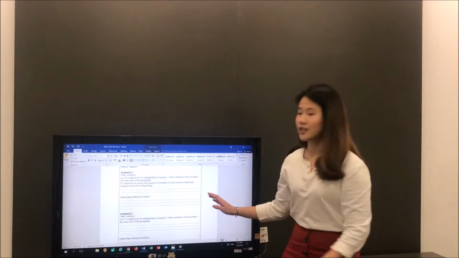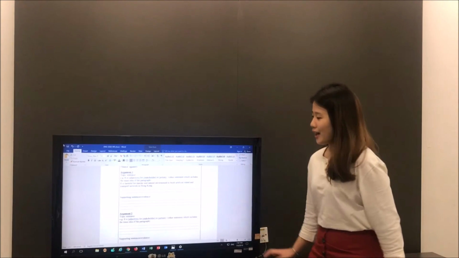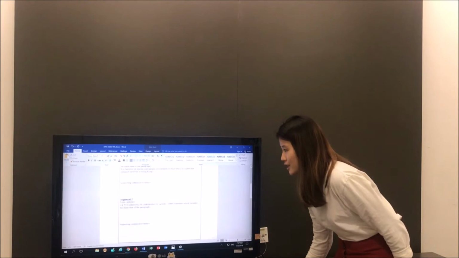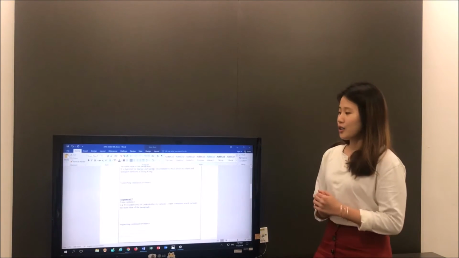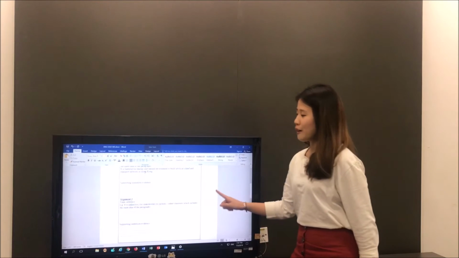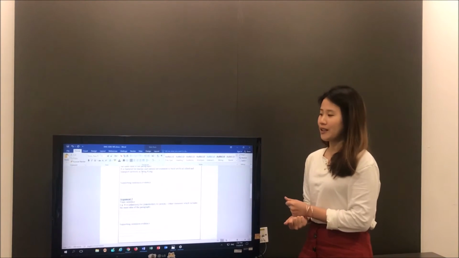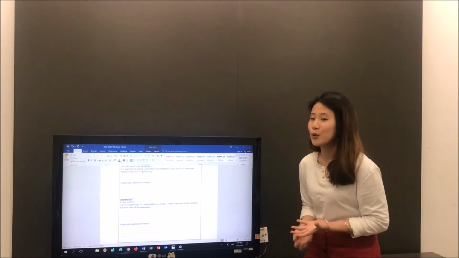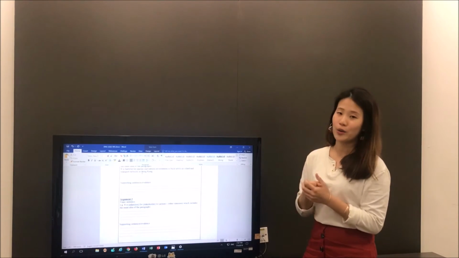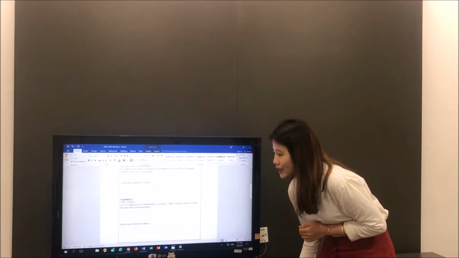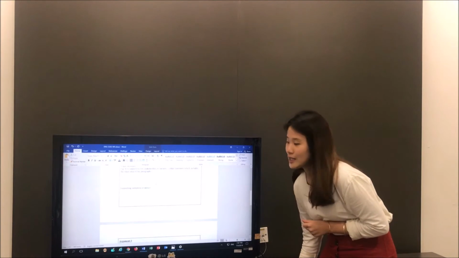So this is the topic sentence, okay? How about the supporting sentences and evidence? In this part, you have to write something to support your argument. That means you have to show some examples to it, okay, in order to support your argument. So argument 2 and 3 are also the same.